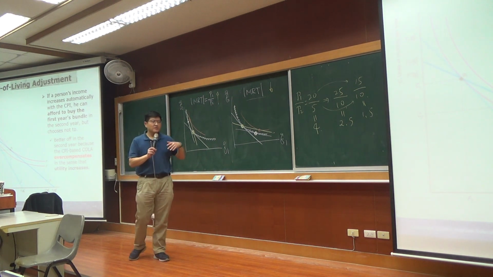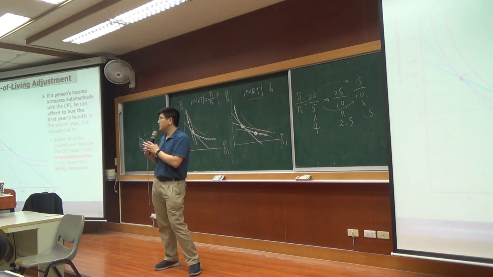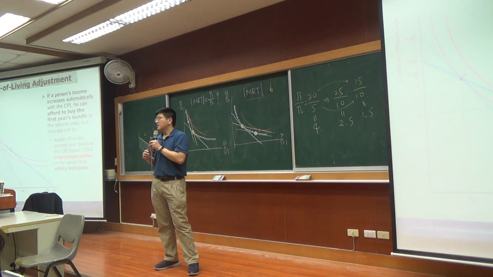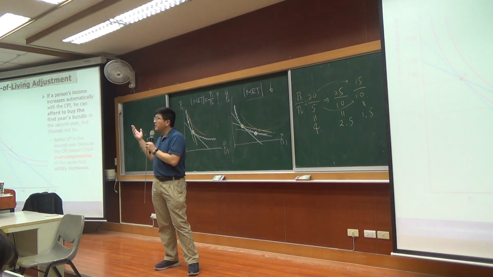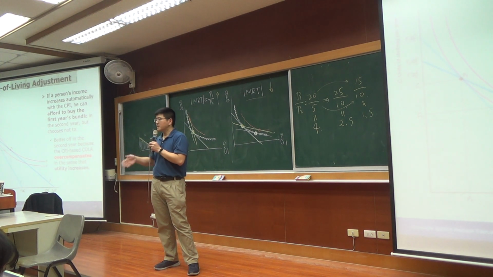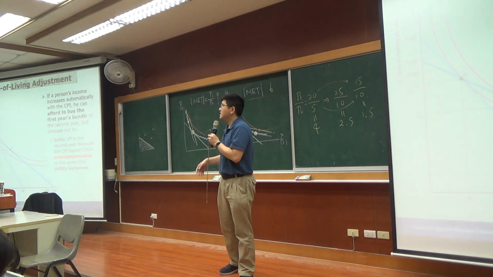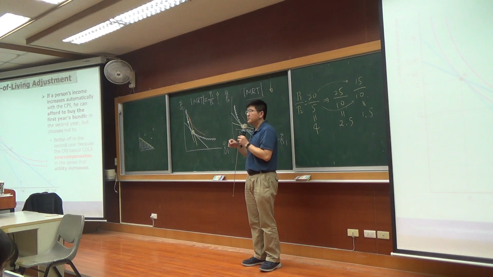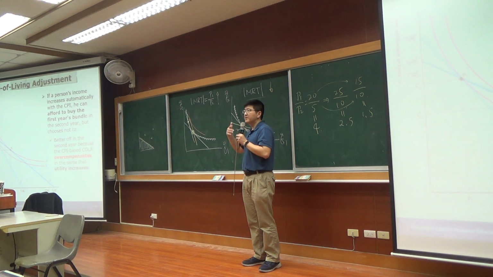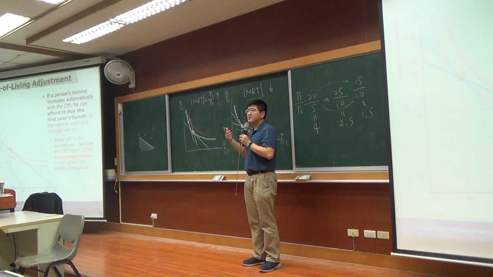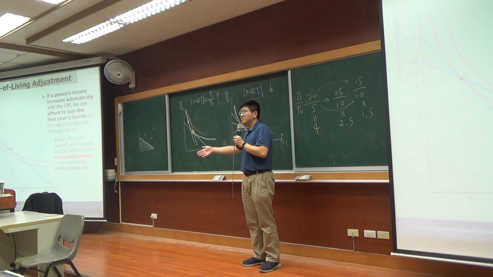So if from 20 years ago the government compensated someone using this standard, by the COLA, the CPI-based adjustment, in the second year, the third year, and the 20th year, then you will see the consumer becomes better off than 20 years ago.